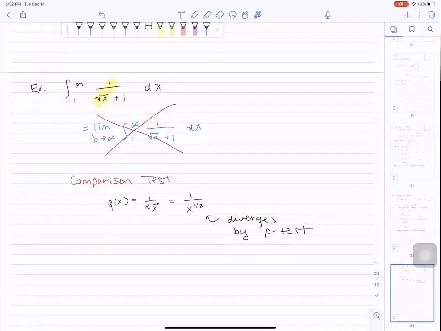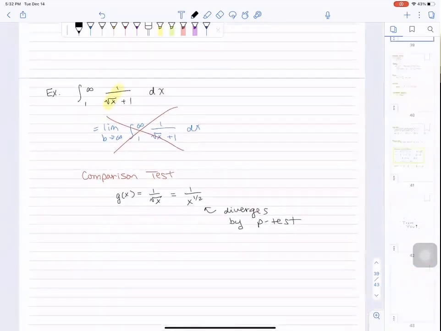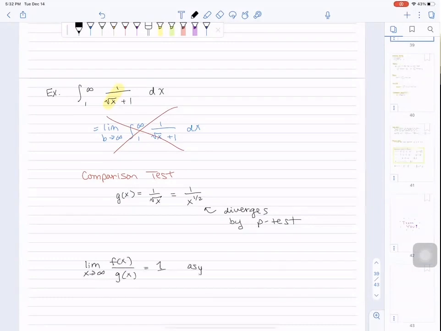So you said, can we do asymptotic analysis? If we did asymptotic analysis, what does asymptotic analysis say? Well, if we get that the limit as x approaches infinity of something over something equals 1, then they are asymptotically equal, meaning that we know that g of x diverges.